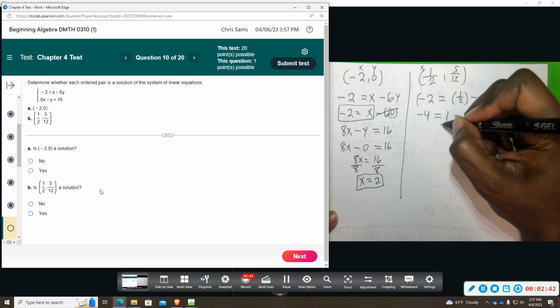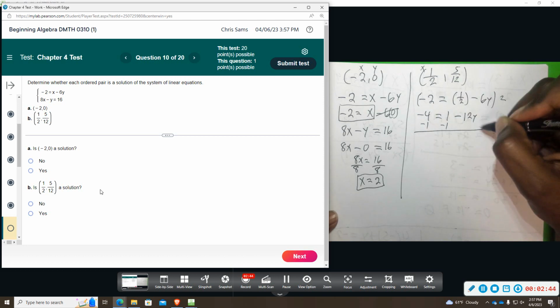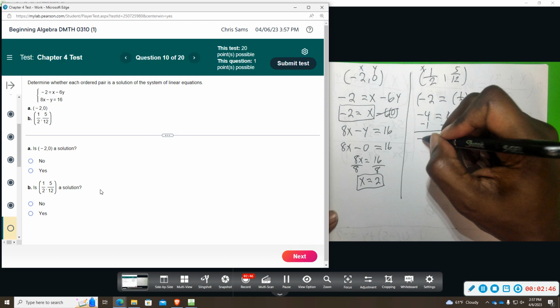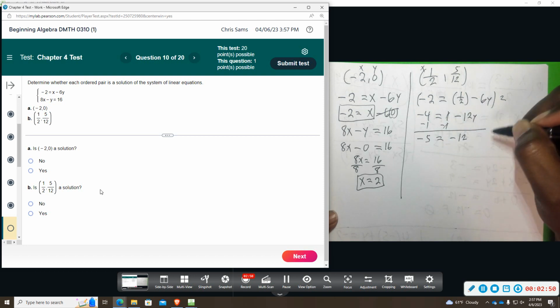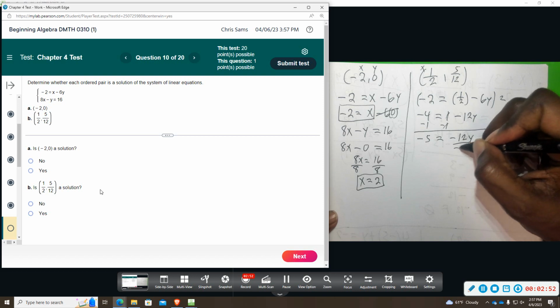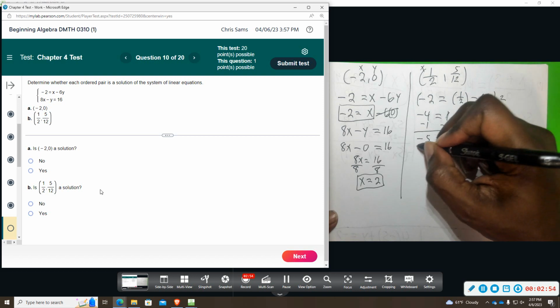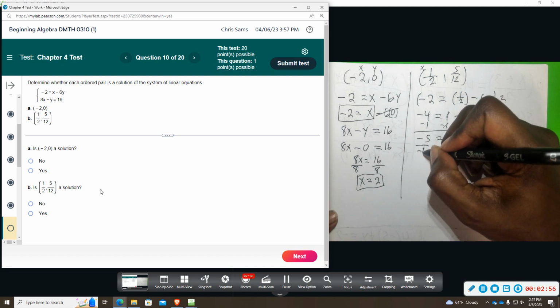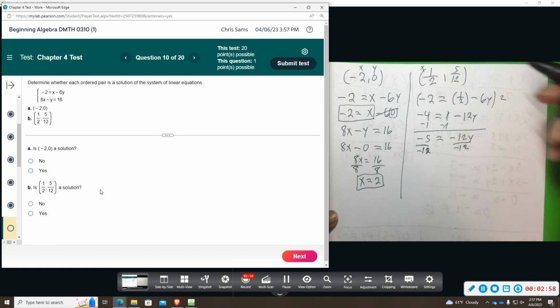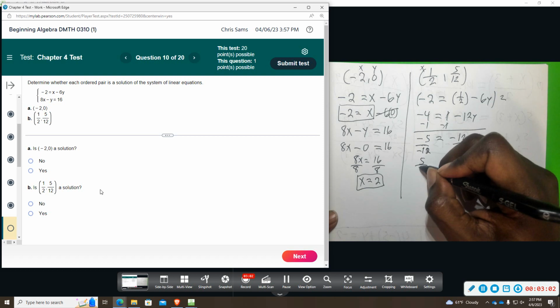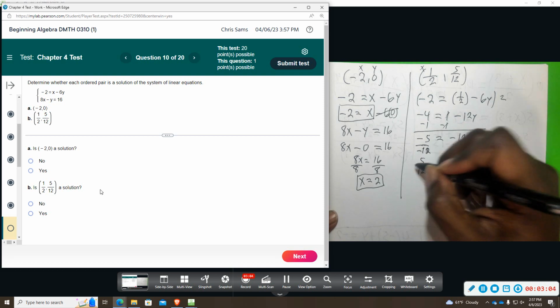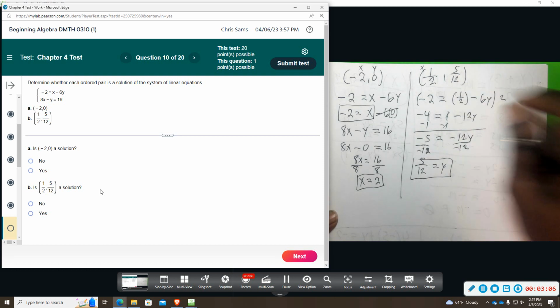If I subtract 1, this leaves me with negative 5 equals negative 12y. Divided by negative 12, and negative over negative is a positive, so I get 5 over 12 equals y. So this one matches because 5 over 12.